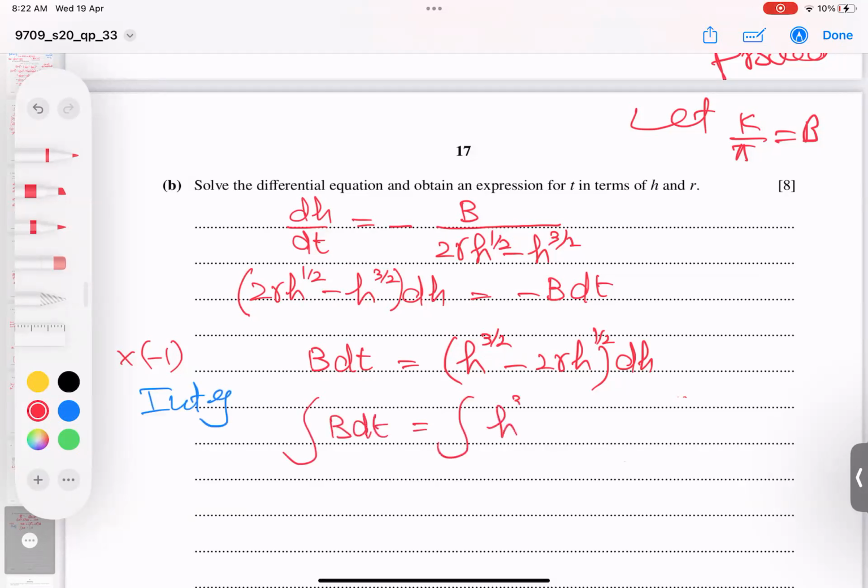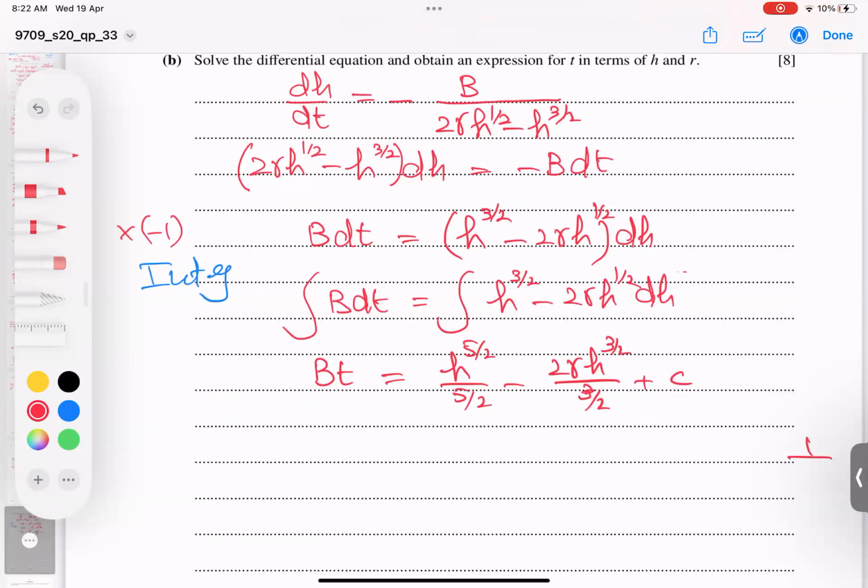So h^(3/2) minus 2rh^(1/2) dh. What does integration become? Increase the power by 1: h^(5/2) over 5/2, and h^(3/2) over 3/2, plus c.